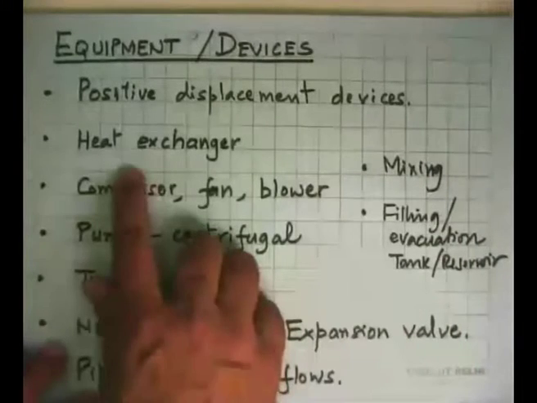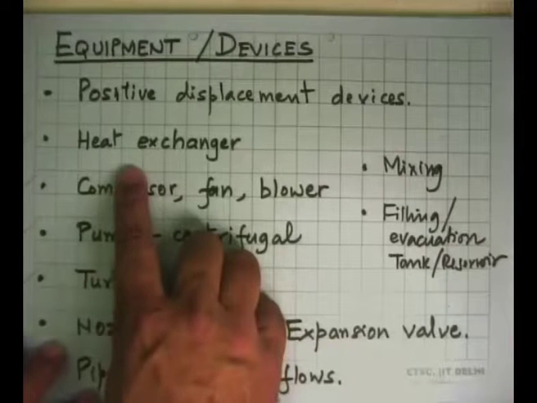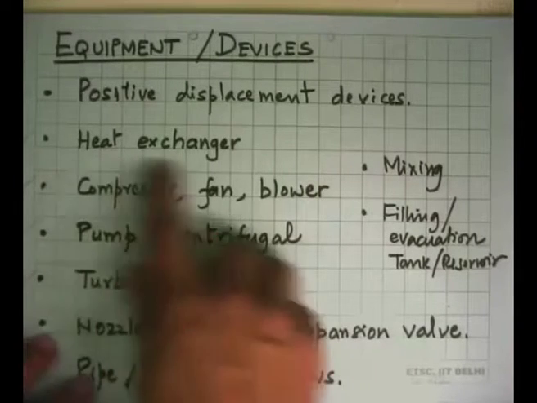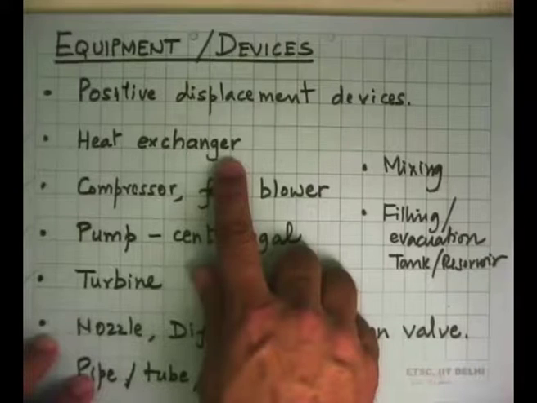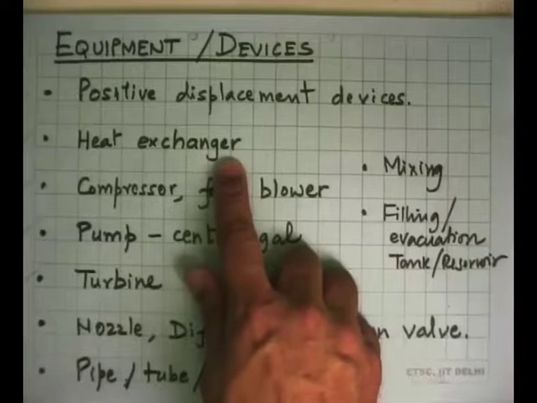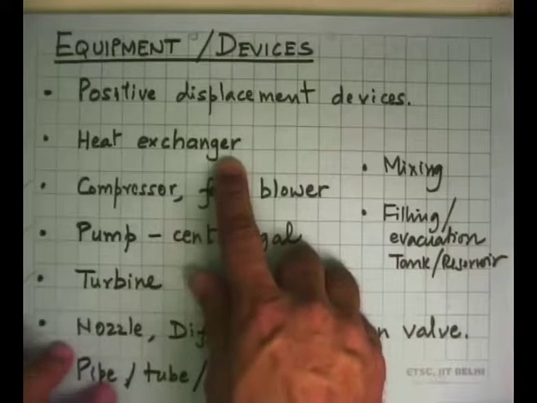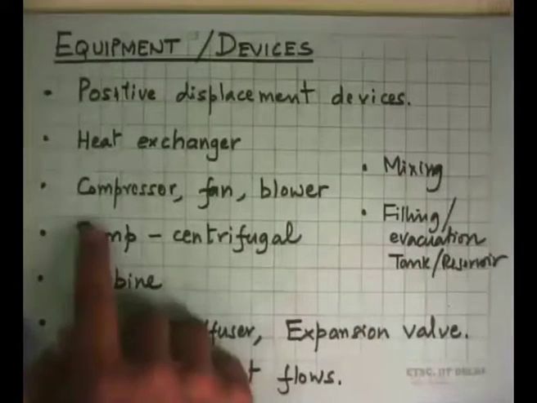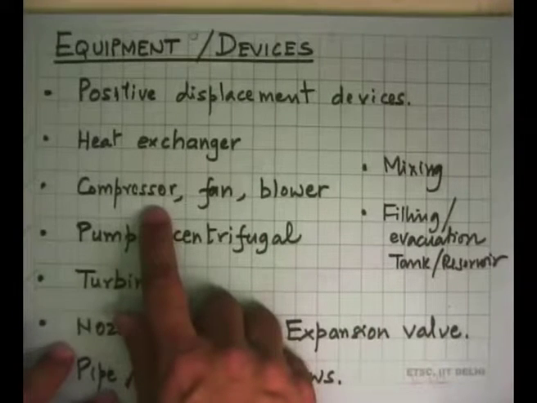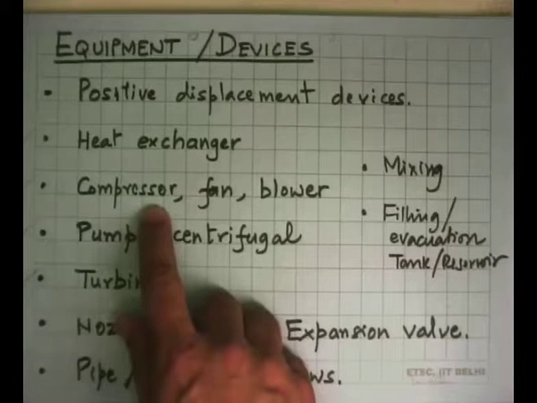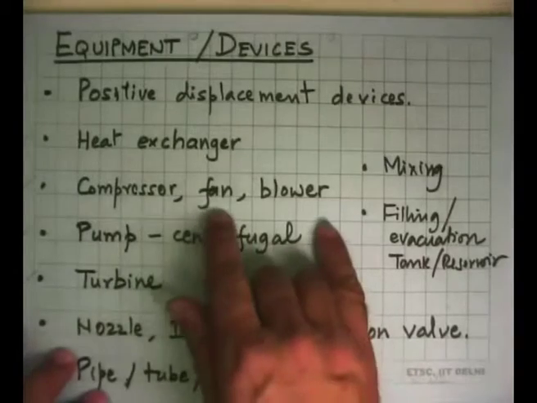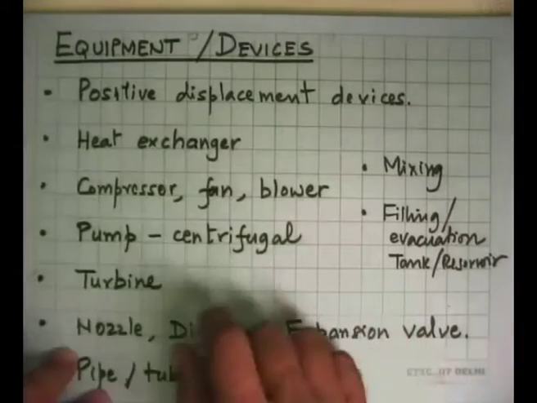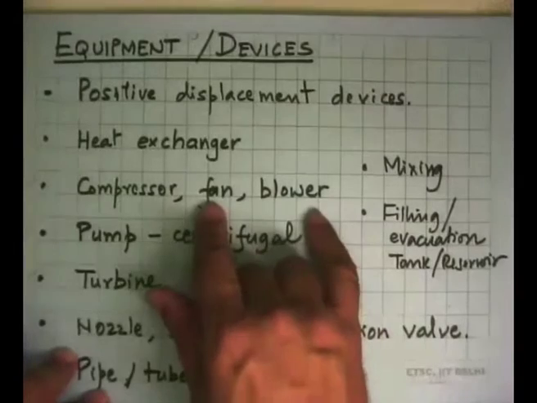Then we looked at the idea of what is the heat exchanger, and we learned that a major assumption we make in heat exchangers is that heat transfer processes, when the fluid is flowing through a tube, are assumed to be constant pressure processes. So that is possible. Then we looked at compressors, where we take an ideal gas and increase its pressure relatively in large amounts, and fans and blowers, where the pressure rise is relatively small and flow rates are high.